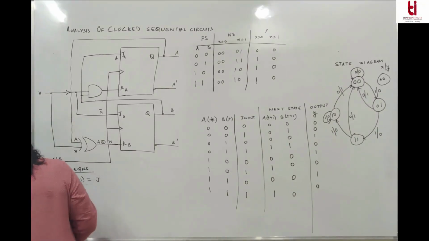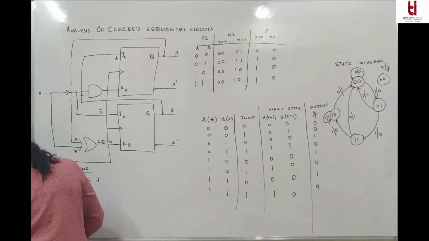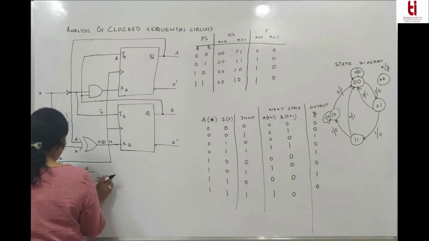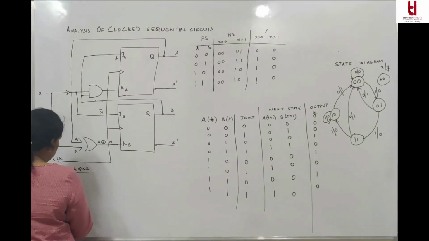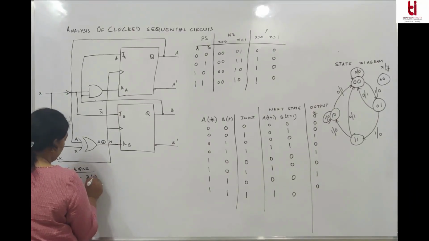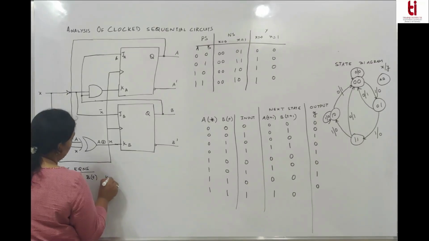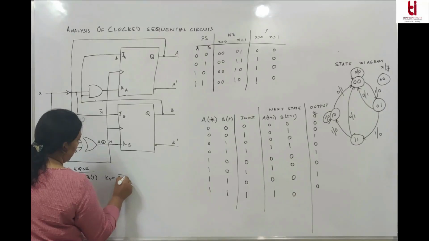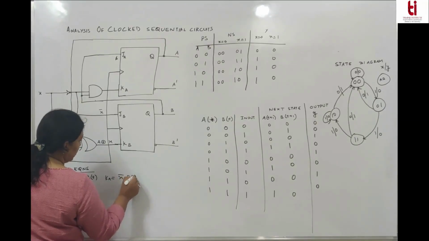What is the state equation for this flip-flop? First, what will we write? What is JA? It is equal to B, the present state of B. What is KA? It is X bar and with present state of B.